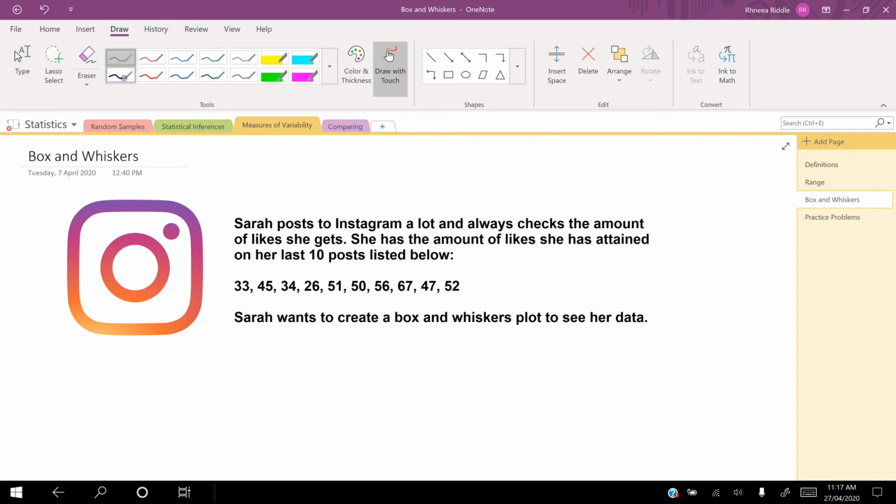So we want to put this data set in order from least to greatest.